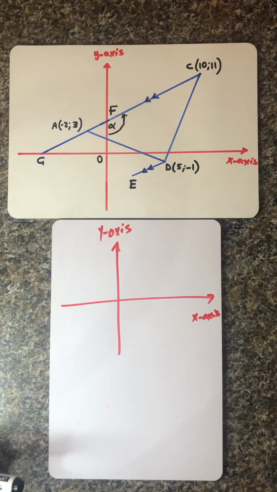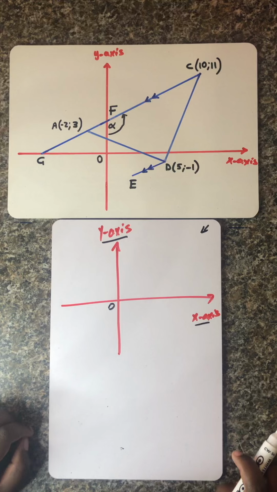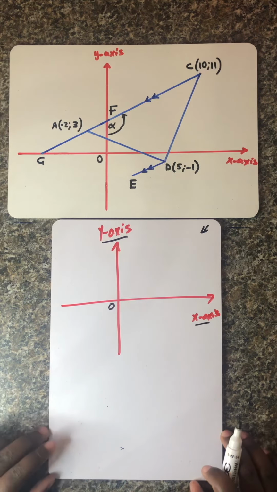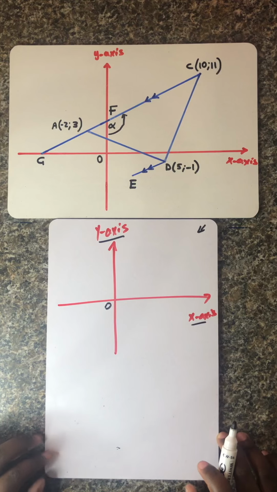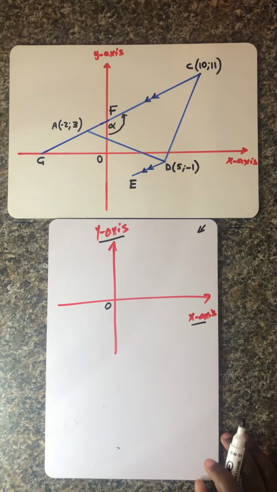But in this case, remember guys, this chapter is for paper 2, which is analytical geometry. So it's going to be a very interesting lesson where we'll be calculating the gradients, determining the equations of some lines, and again calculating the angles.